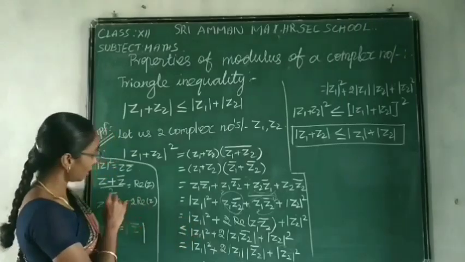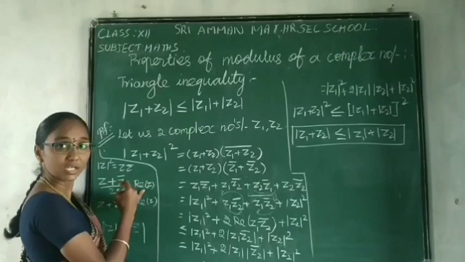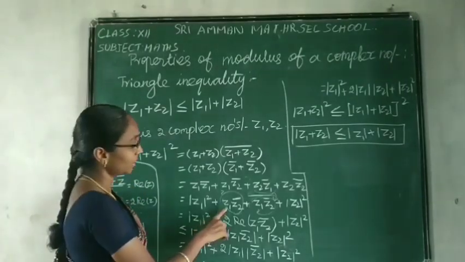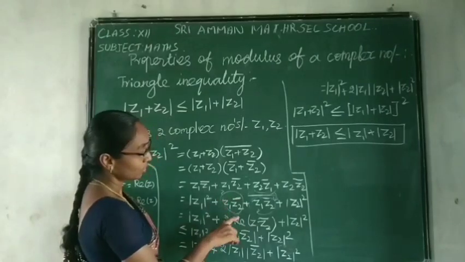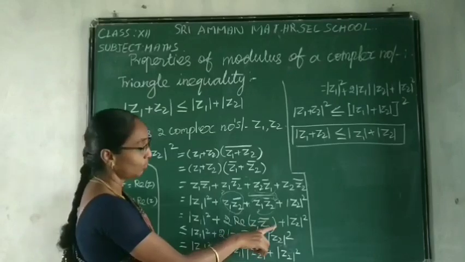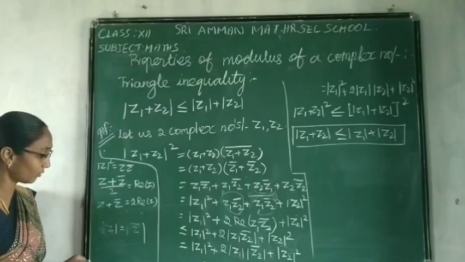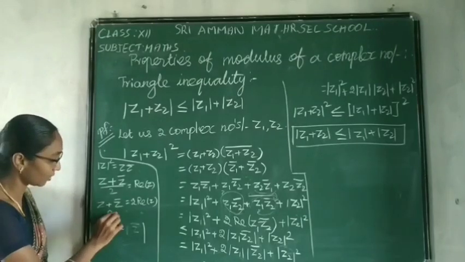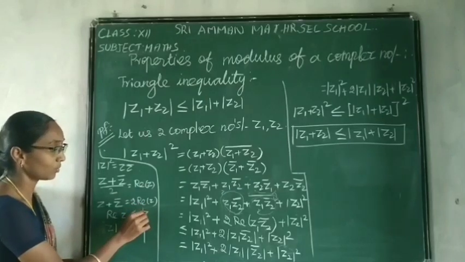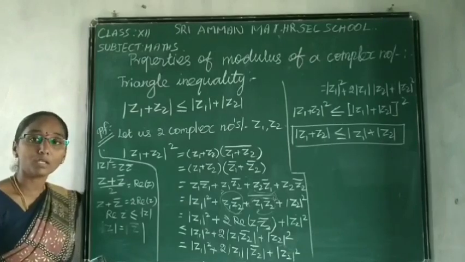Next, consider this one as z and this one as z bar. You already know z plus z bar divided by 2 equals real of z, so z plus z bar equals 2 real of z. So here, z1 z2 bar plus its conjugate gives 2 real of z1 z2 bar, plus modulus of z2 square. Also you already know real of z is less than or equal to modulus of z.